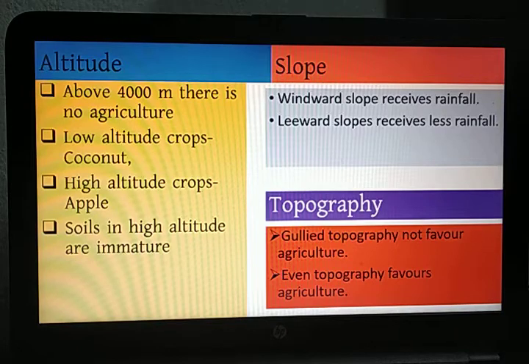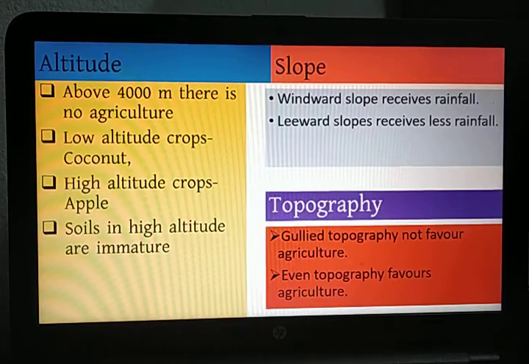In Chambal Valley and some other parts of central India, gully erosion is very high. That is why agricultural practices are not possible, because topsoil is the most important for the fertility of soil and soil nutrients for the agricultural crops. That's not possible where there is maximum gully erosion.